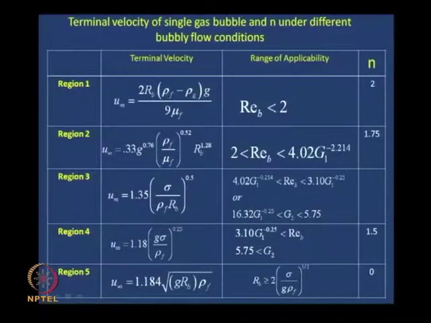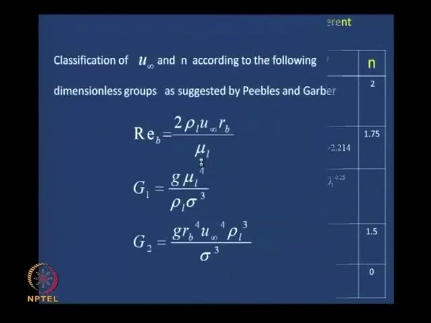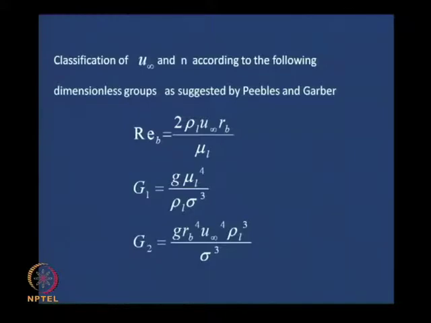The entire bubbly flow has been divided into 5 flow regimes on the basis of 3 dimensionless groups. The first group is the bubble Reynolds number, and the other 2 are property groups, designated G1 and G2, where G1 is G mu L to the power 4 by rho L sigma cube.